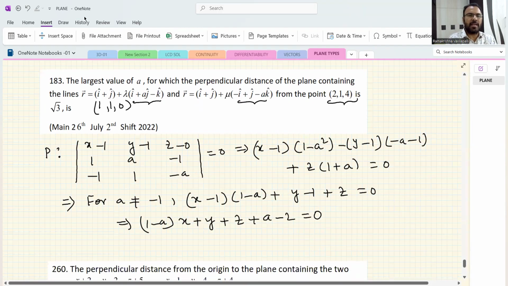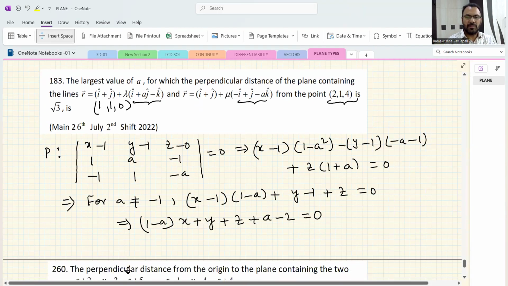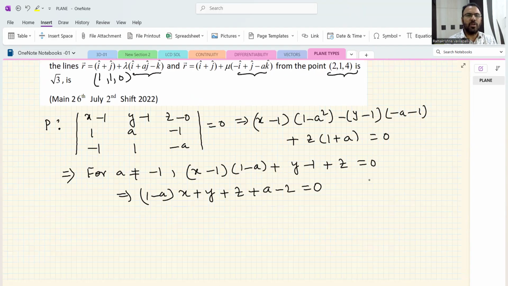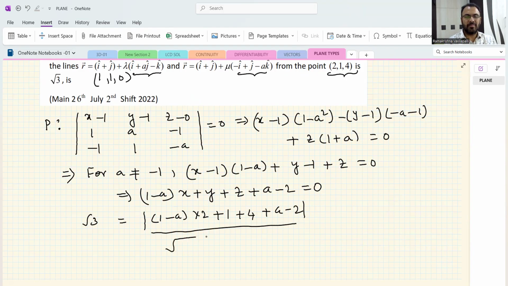So write the perpendicular distance formula. The perpendicular distance from 2, 1, 4 is root 3, which is equal to modulus of 1 minus a into 2 plus 1 plus 4 plus a minus 2, whole by under root 1 minus a whole square plus 1 plus 1.